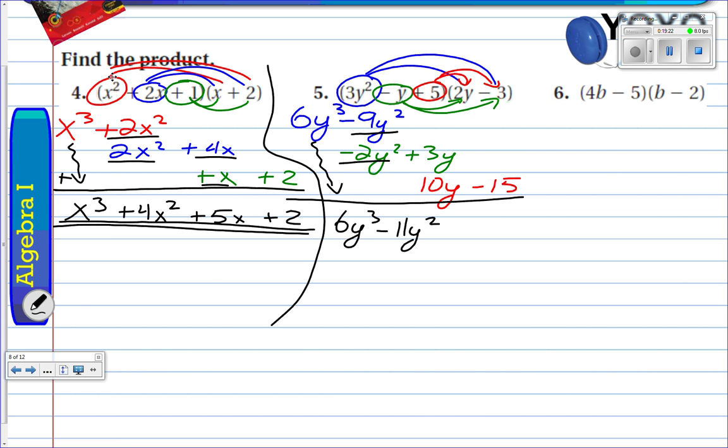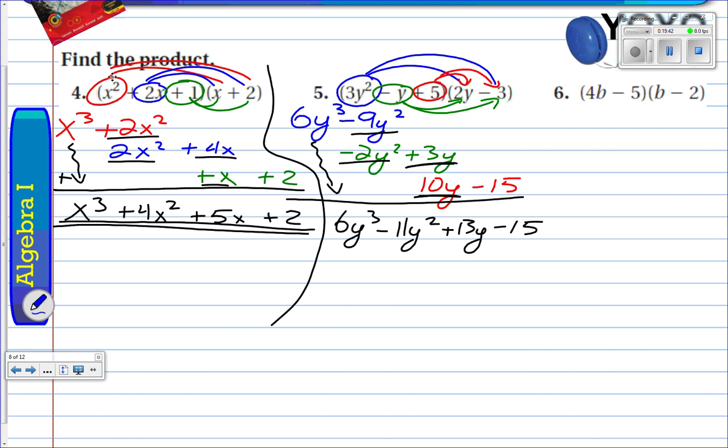Negative 9 minus 2. Positive 3y plus 10y is 13y, and then there's a minus 15. Like I said, if you keep it organized and you go slowly and you pay attention to the steps, each step is not difficult. You just have to find that pattern and stick with it.